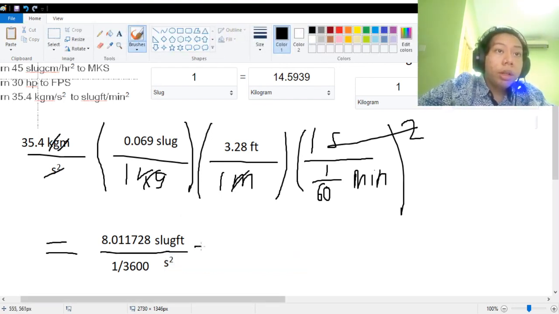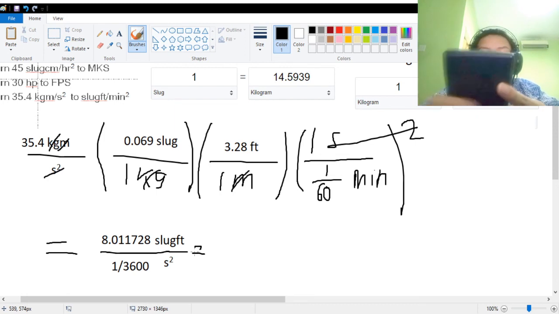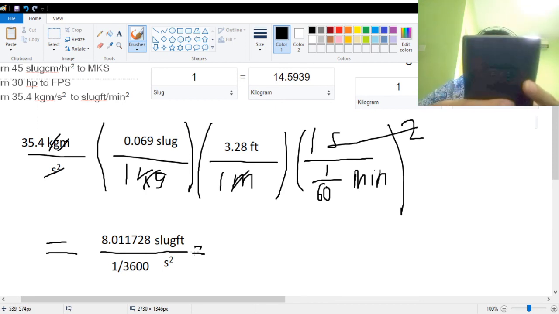So 0.011728, and we divide it by 1 over 3,600.